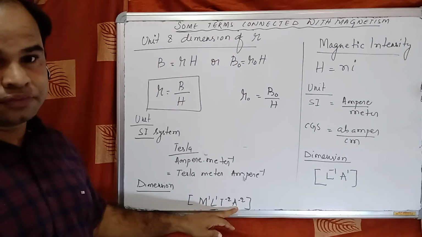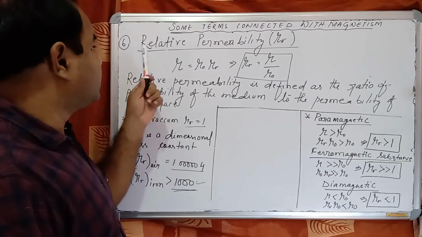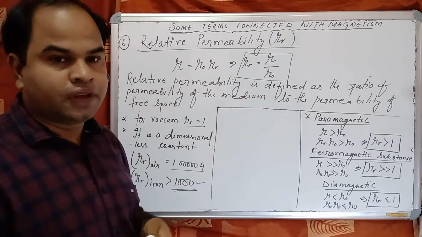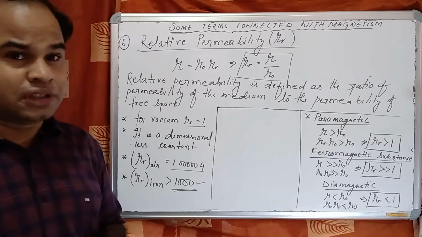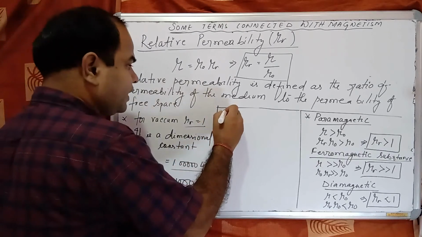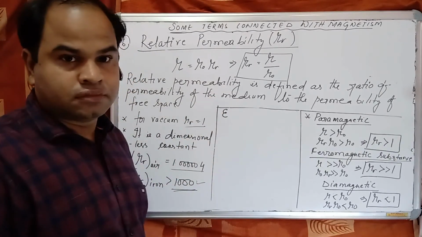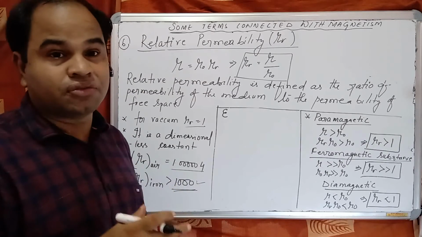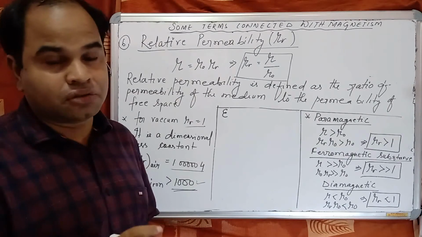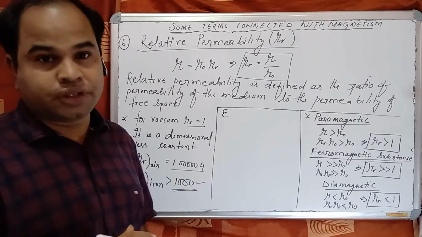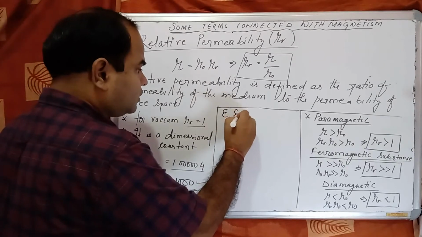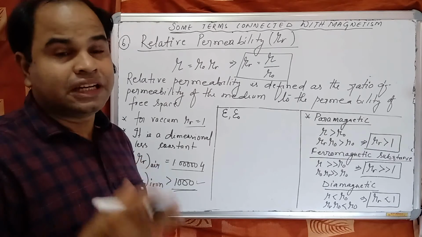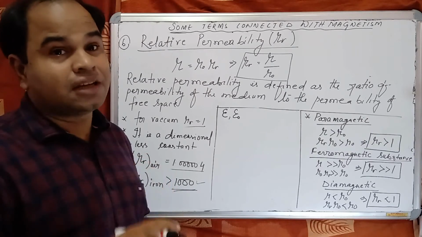Next is relative permeability, that is mu r. We studied in electrostatics epsilon, the permittivity of any medium. It is the number of electric field lines allowed by the medium to pass through it. Epsilon naught is the number of electric field lines allowed by the air medium to pass through it.